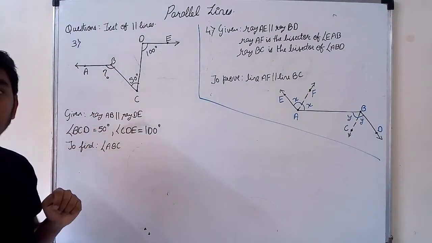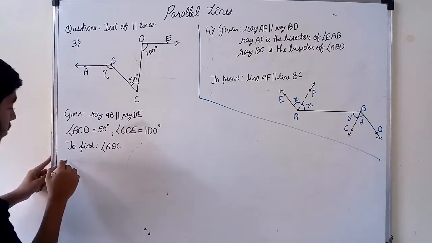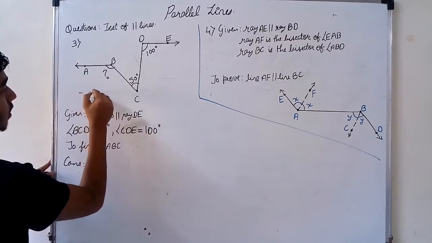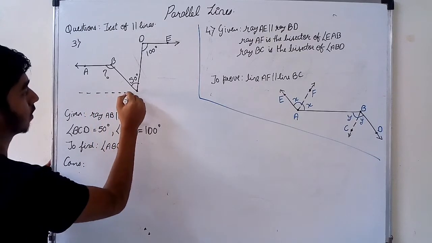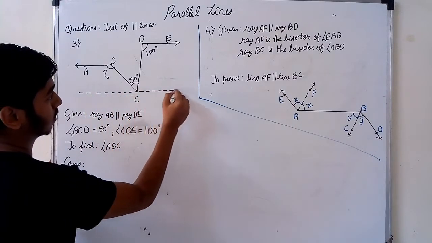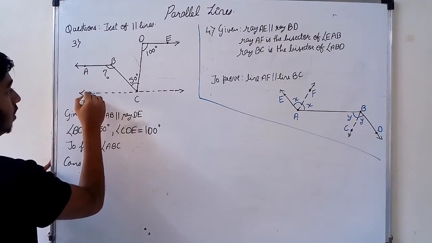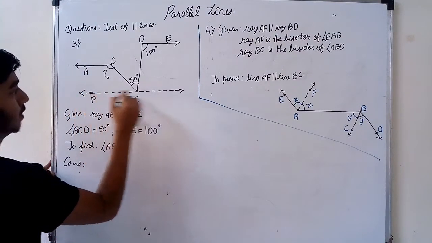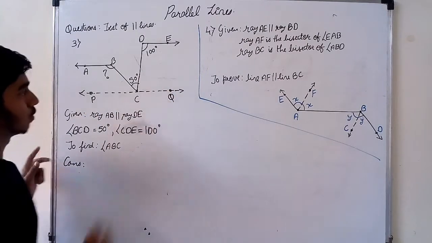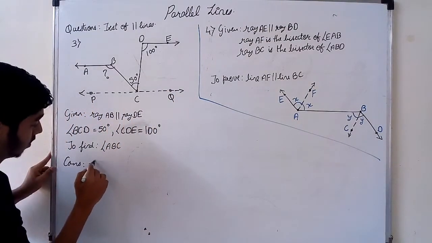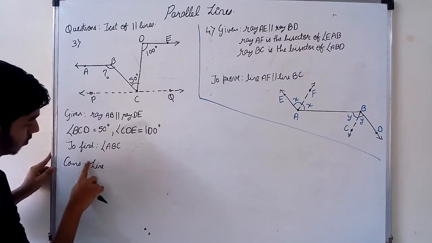Now you have to find angle ABC, which is this angle. What we are doing here is constructing a line. Let's say this is PQ.